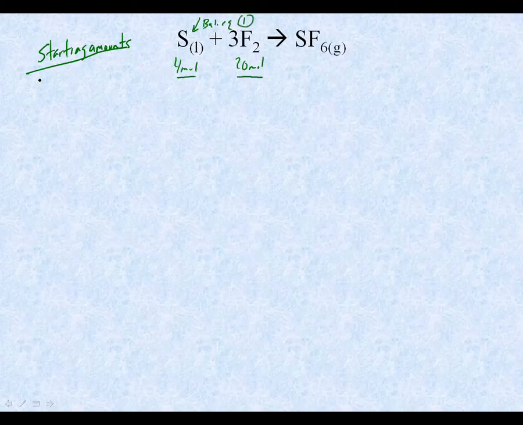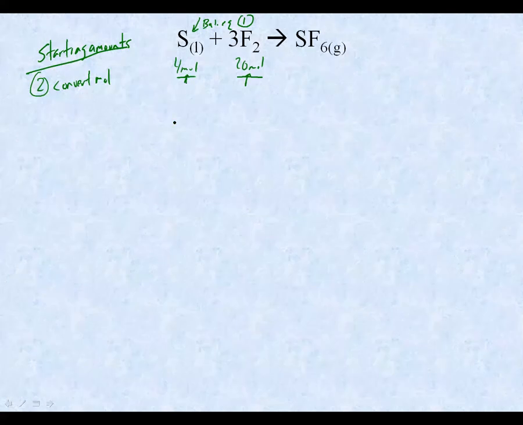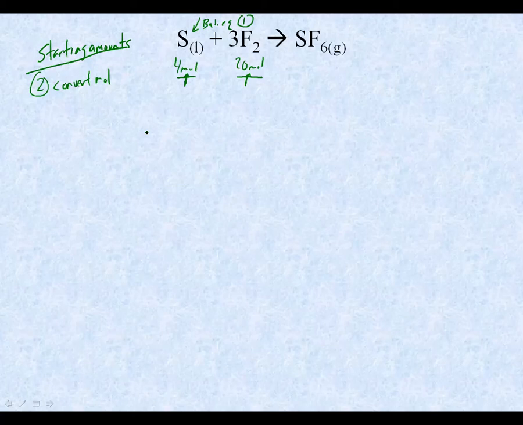You then want to convert to moles, which in this particular case we don't need to do because it was already in moles. But just like in the previous problems, if they were in grams, you would need to use the molar mass to convert them into moles. So our starting amount is already in moles.